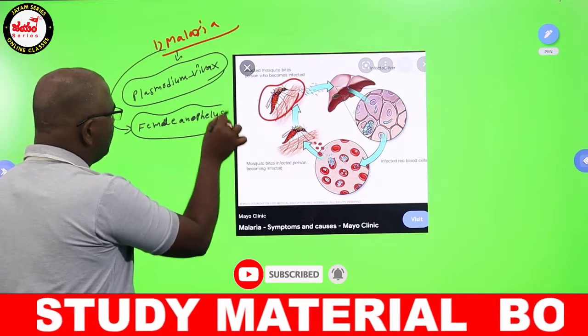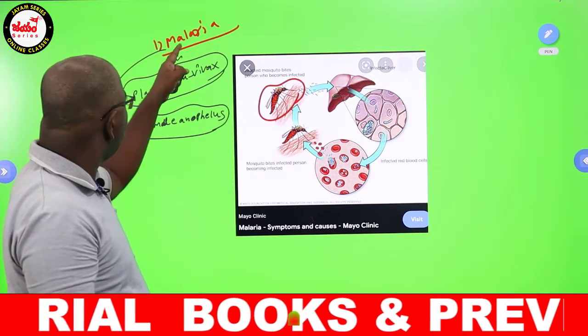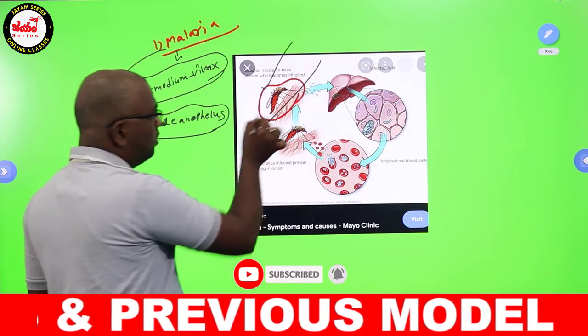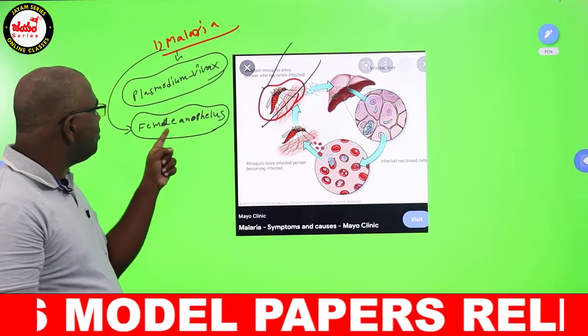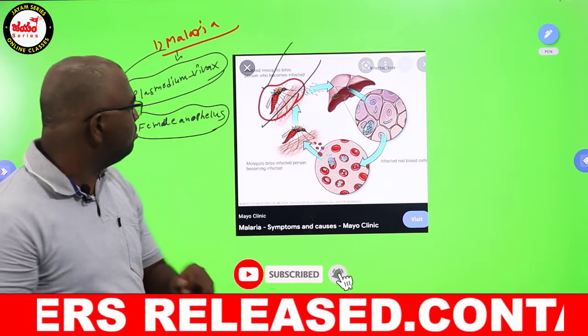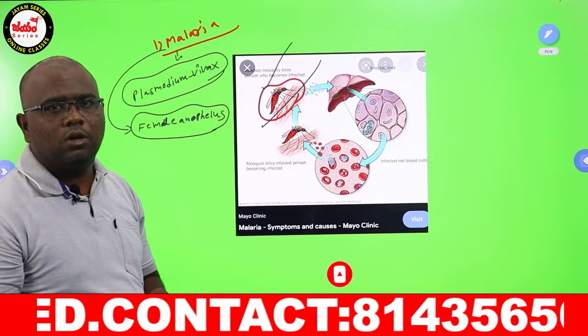This is the very important mosquito of malaria disease. The malaria disease is caused by the biting of the female Anopheles mosquito.